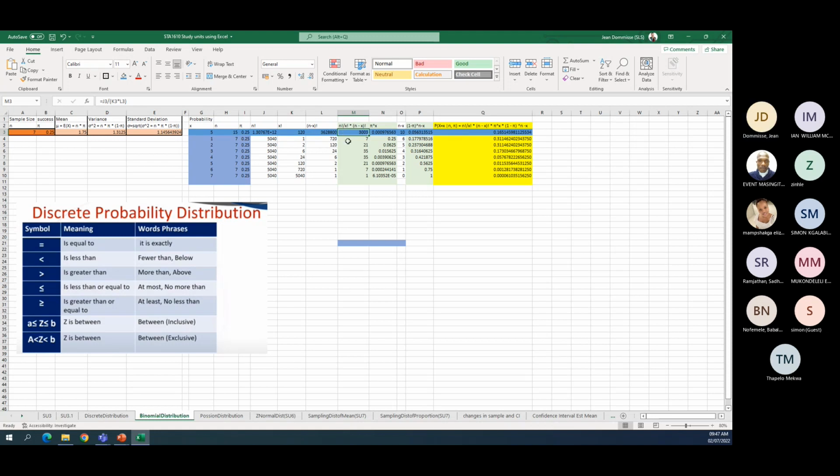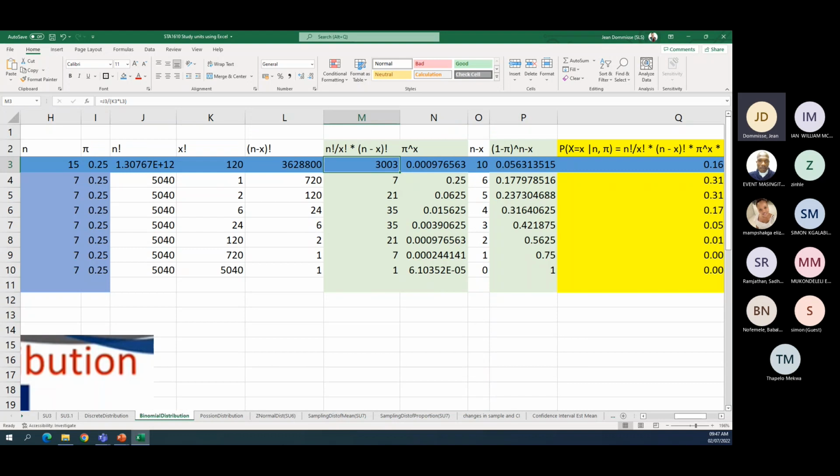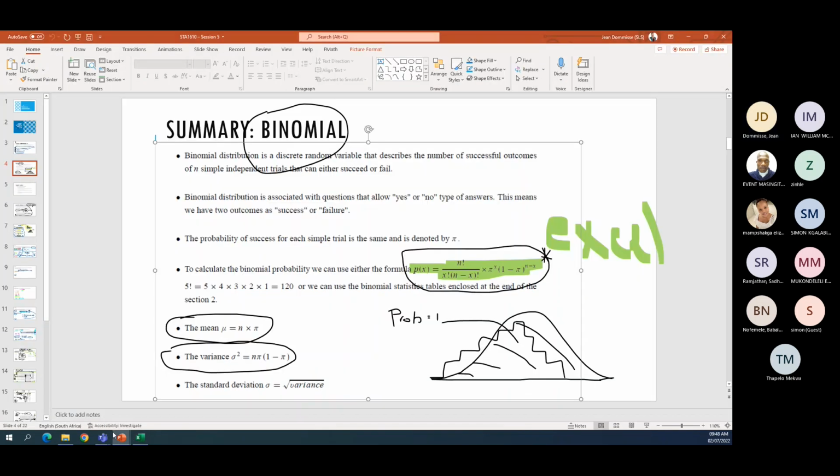Sorry, this is very small. I hope that's bigger. On the Excel that I will share, we've made N 15, X 5, and the function that we worked out gives 3003.